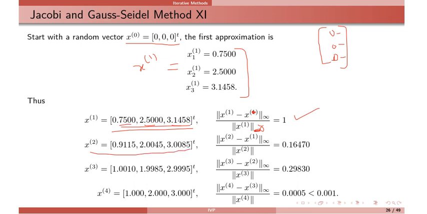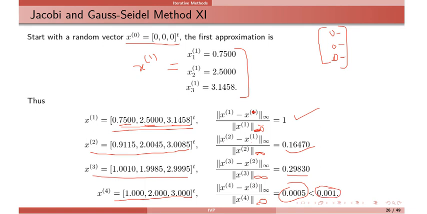Then compute x2 minus x1, divide by x2 in the same norm, then the error is this. In the third stage, compute the error x3 minus x2 upon x3, which is 0.29. In the fourth stage, you got 1, 2, 3. Compute x4 minus x3 upon x4, that comes out 0.005, which is less than the given accuracy 0.001.